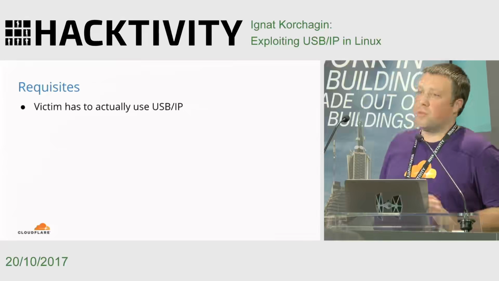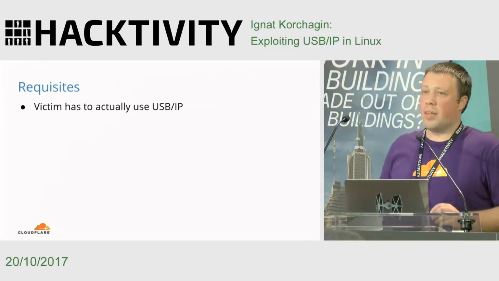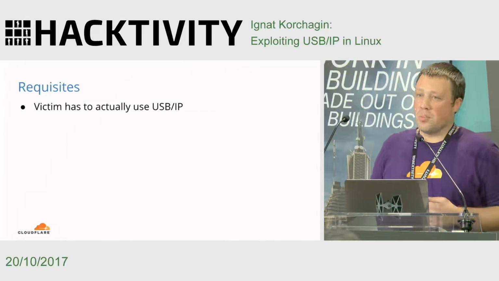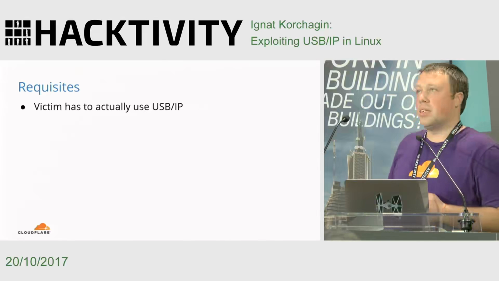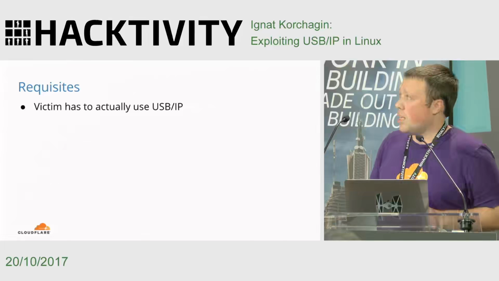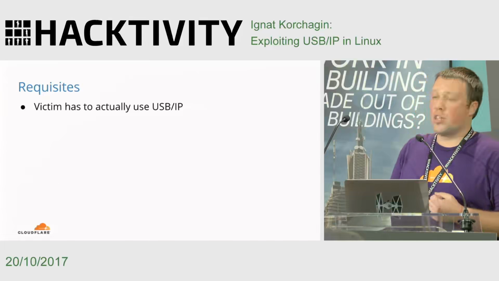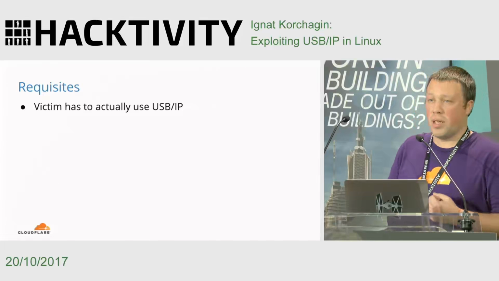We've seen the code, which might be a little bit confusing, but what is the conclusion? The architecture of USB IP cannot be exploited easily, thankfully. So what are the requisites? The requisite is that your victim has to actually use USB IP in the first place.